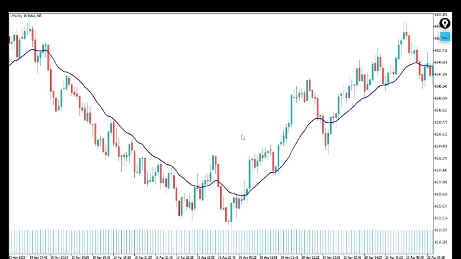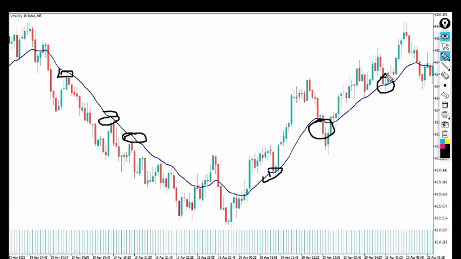If I show you this chart right here as an example, this is a 21 period moving average, and this market here, which is Volatility 10 Index on 5-minute time frame, if you look at it, you are going to see that most of the time when the market comes into this moving average, it likely bounces on this moving average for some reason, and I don't know what those reasons are, but this market is bouncing more on this moving average.